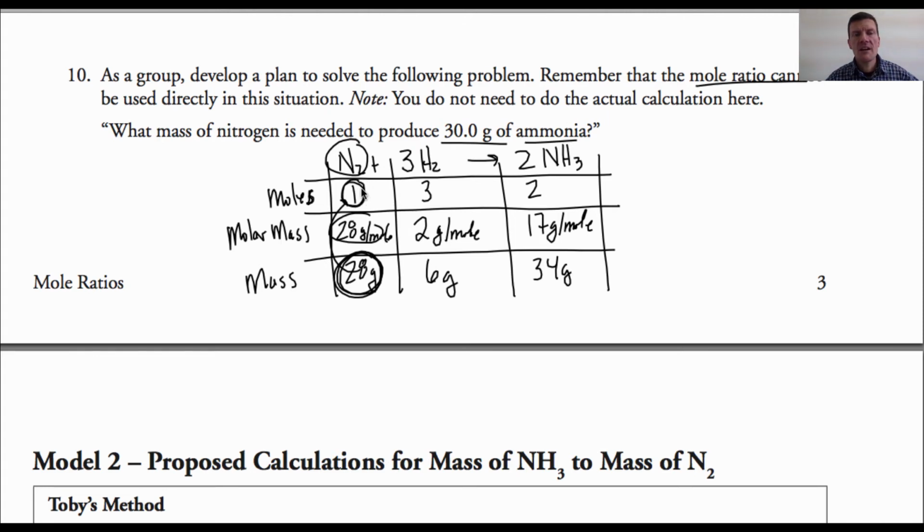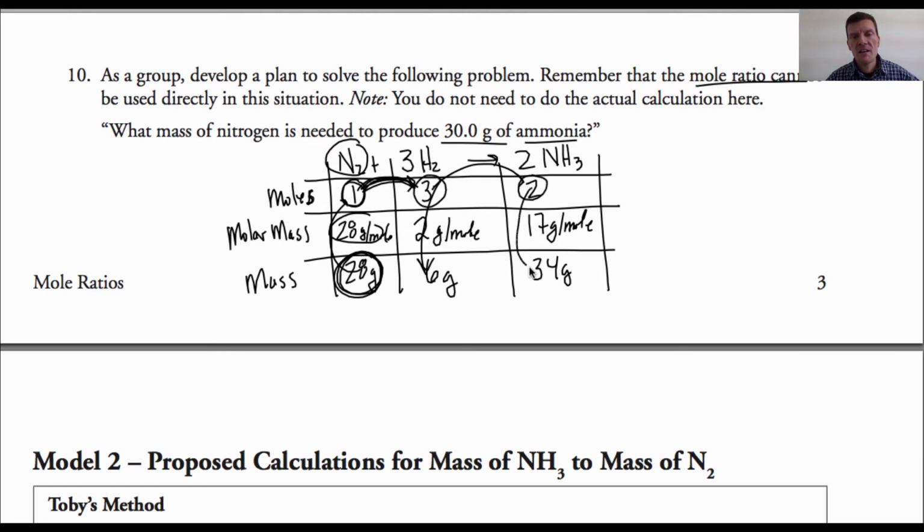And then if you want to find out how many moles of hydrogen you need, you use this ratio, the 1:3 ratio. And then if you want to find out how much mass of hydrogen you have, you would then multiply by the molar mass. Okay? If you want to find out how many moles of ammonia are produced, you would then use the 3:2 ratio.